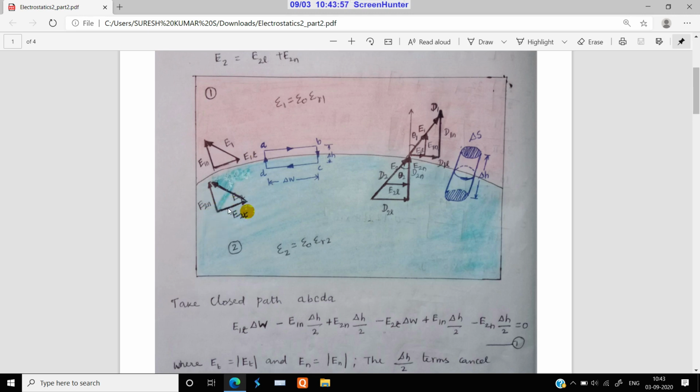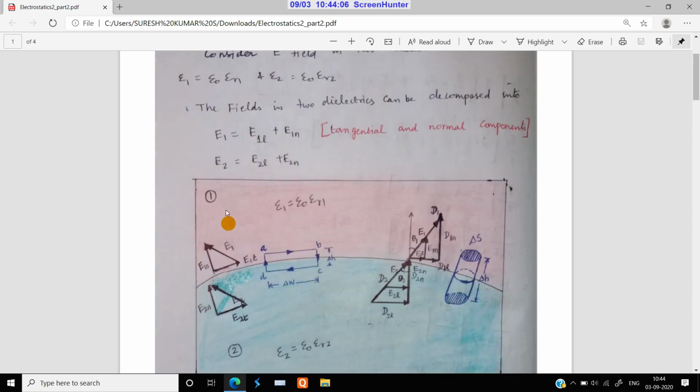Similarly, we can segregate the E2 vector into normal and tangential components. These two vectors are represented here as the vector addition.